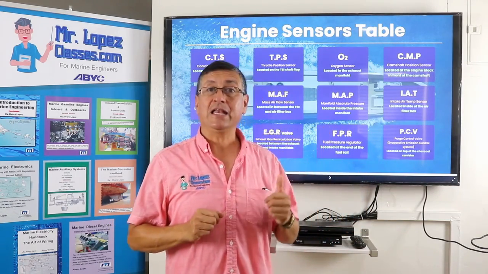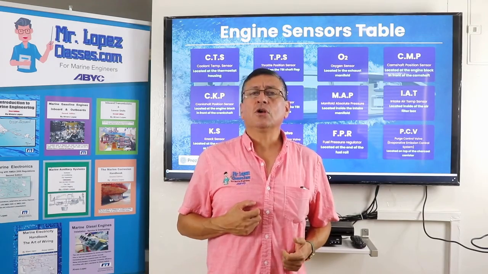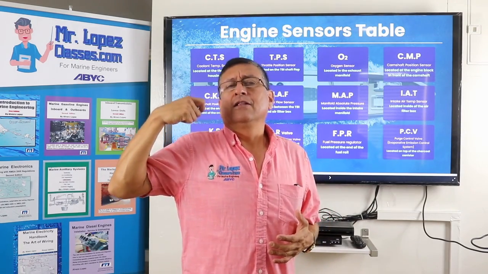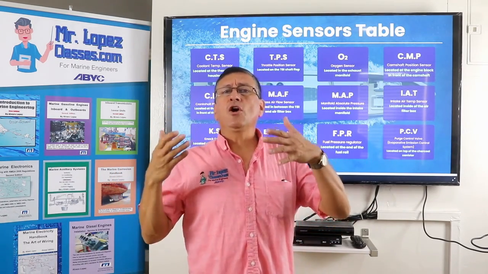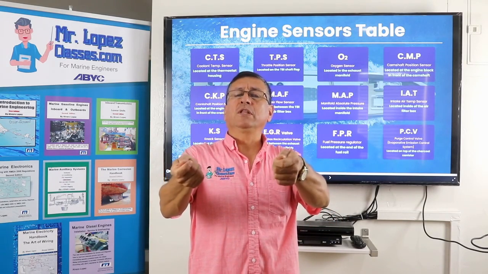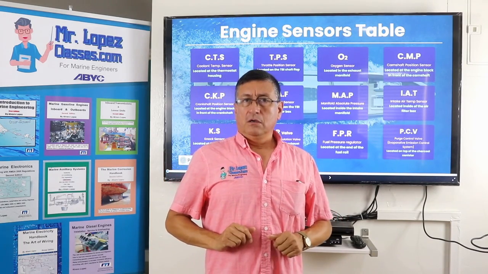We are going to check right now, in each particular sensor, how much the voltage should be when the engine is at wide open throttle, how much it should be at idle, or how much the temperature should be.